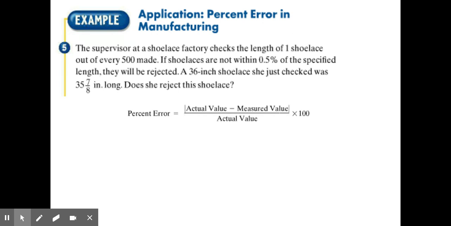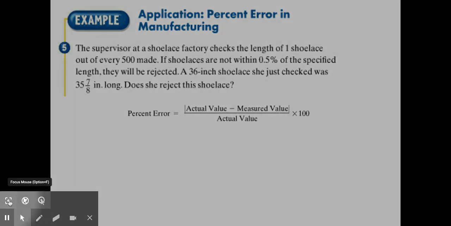So now we're going to talk about percent error. So percent error is when we measure something, it's never exactly perfect. It's always off just a teeny tiny little bit. So there's a formula, and this is that formula.